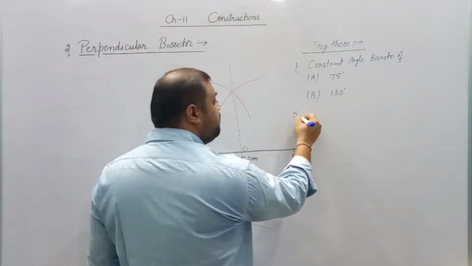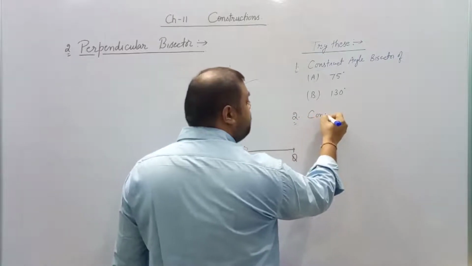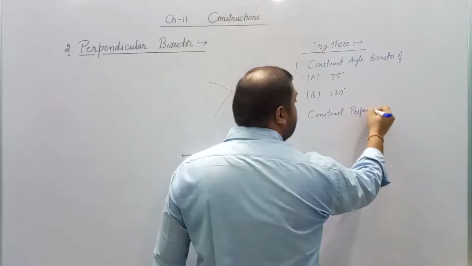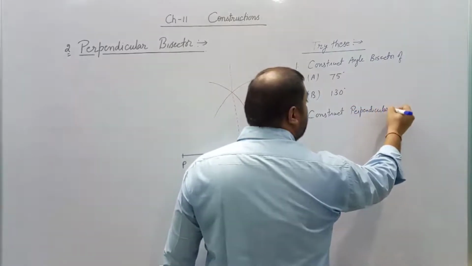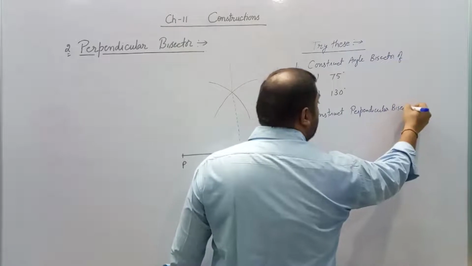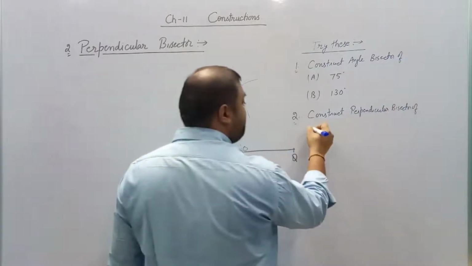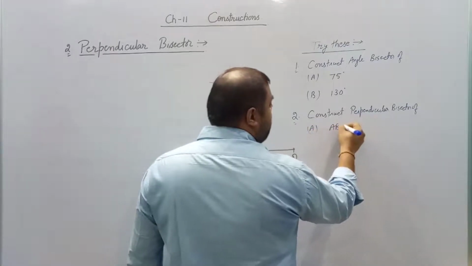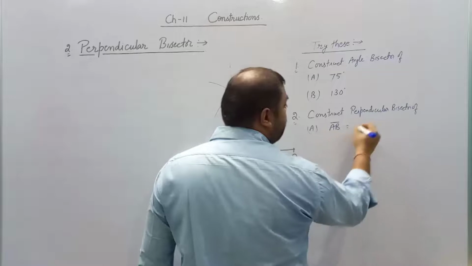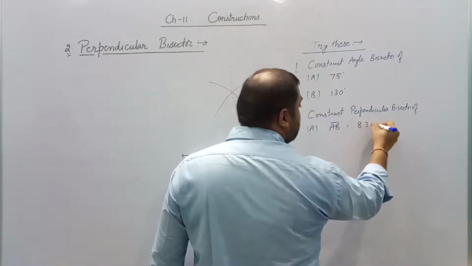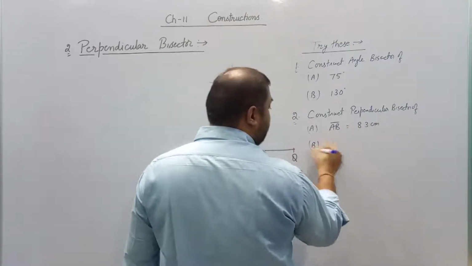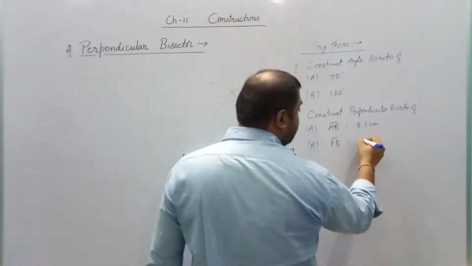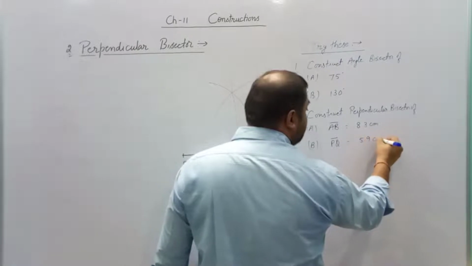Second, construct perpendicular bisector of A, line segment AB equal to 8.3 centimeter and B, line segment PQ equal to 5.9 centimeter.